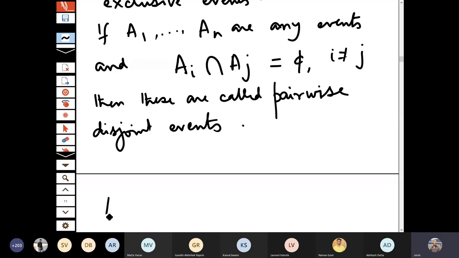And of course, you have the concept of complement. If A occurs, we denote it by the set A. If A does not occur, we denote it by A complement. This is called not happening of A.